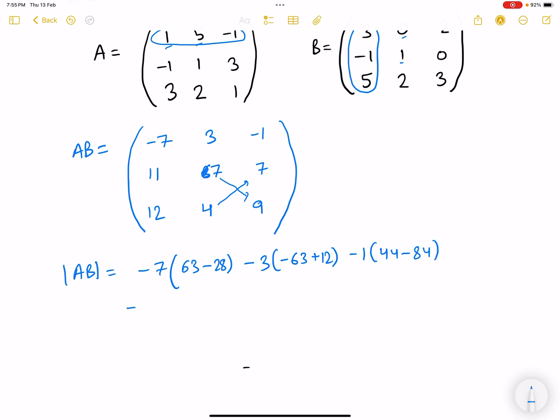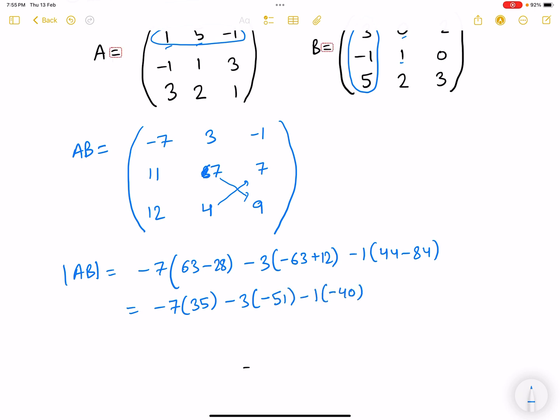This comes out to be minus 7 into 35, minus 3 into minus 51, minus 1 into minus 40.